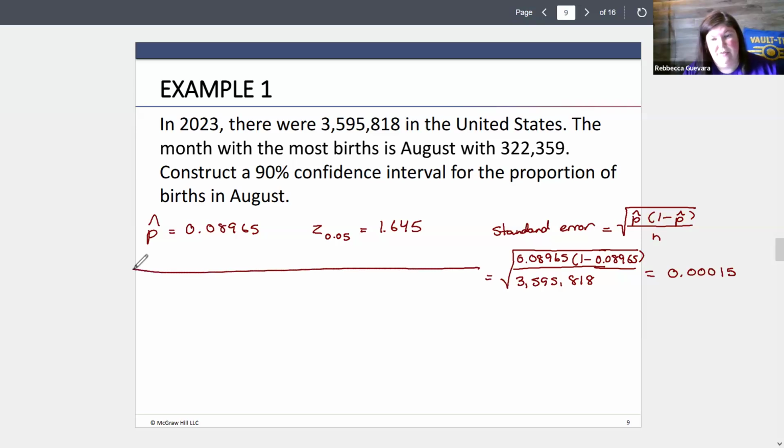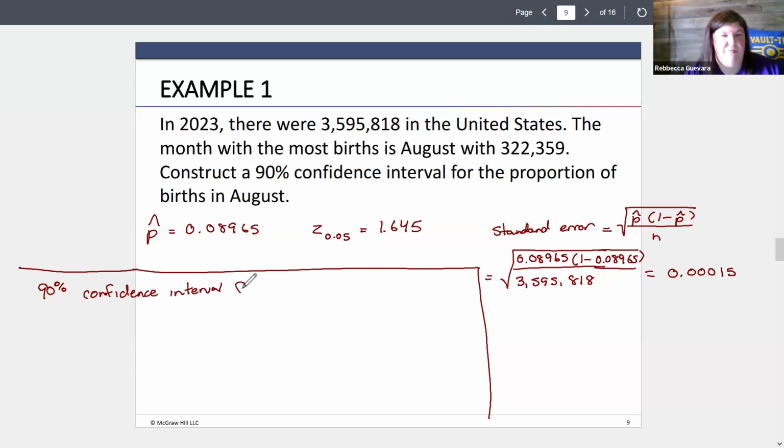All right. So that confidence interval for births, 95% confidence interval for the proportion of births in August. And this one is not going to have a lot of wiggle room to it.